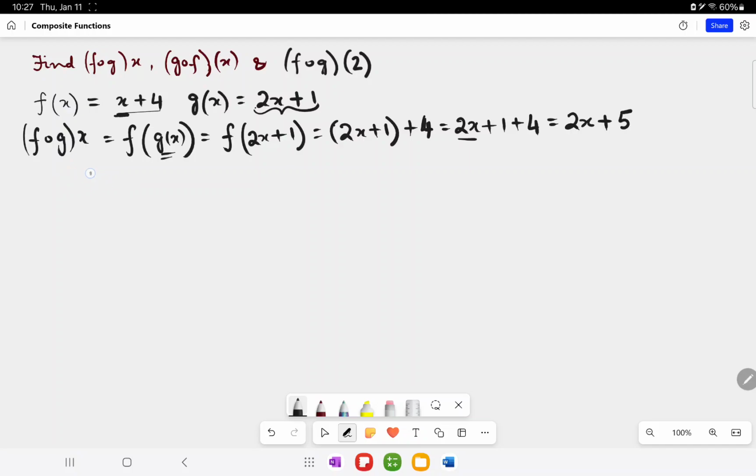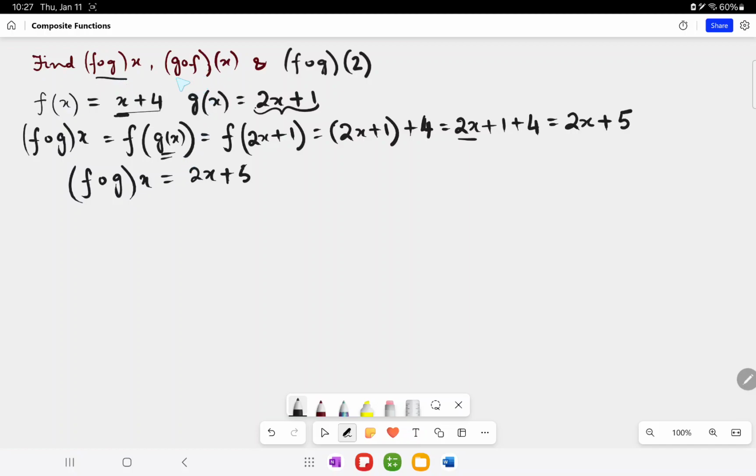My final answer is f of g of x equals 2x plus 5. So we completed the first part of this question.